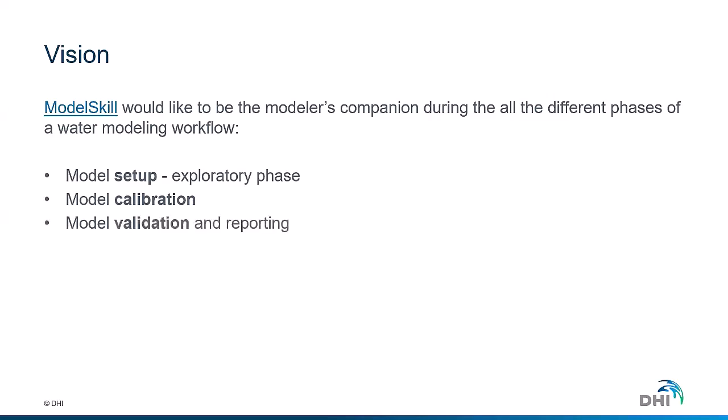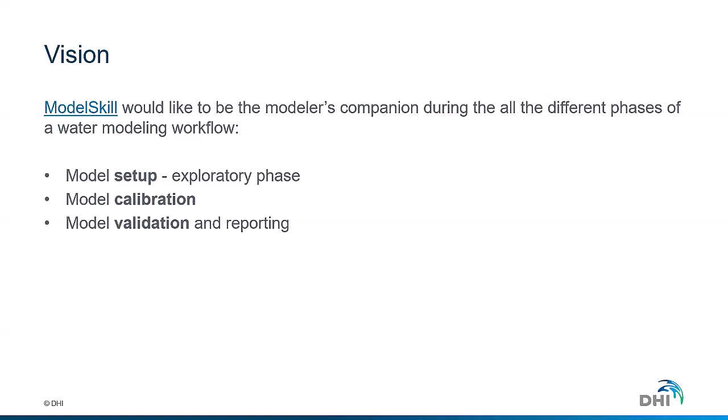And then finally, the validation and reporting, where you may compare to other models and so on. And when we talk about skill in ModelSkill, that is a quantitative measure with plots or numbers that somehow signifies the performance of the model.